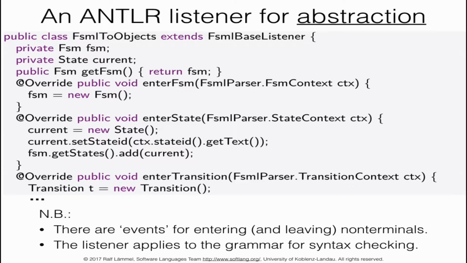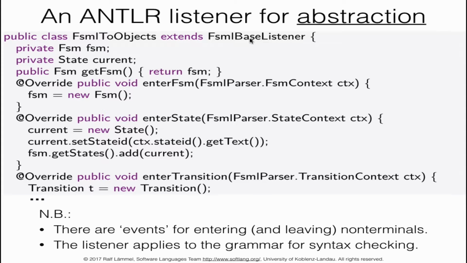Now, one way of performing abstraction, that is CST to AST mapping with ANTLR, is to use a so-called listener. The idea is that ANTLR also generates what's called in FSML a base listener. And listener is meant here in the sense of listening to the traversal of a concrete syntax tree.